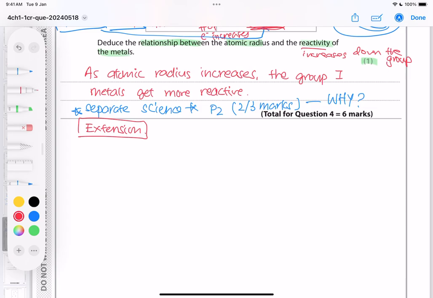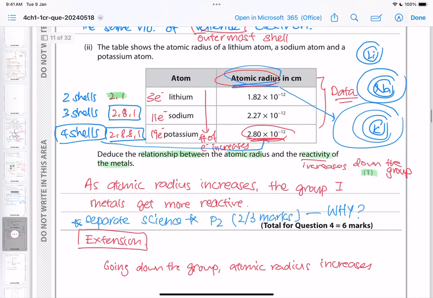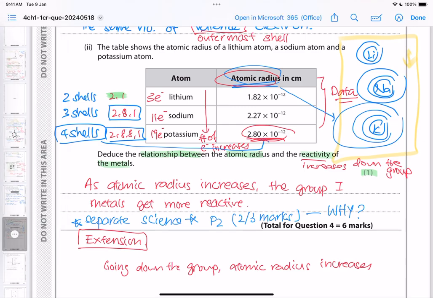Now, going down the group, atomic radius increases. This first statement basically explains what this looks like. As you go down the group, the size of the atoms gets bigger. Potassium is way bigger than sodium.